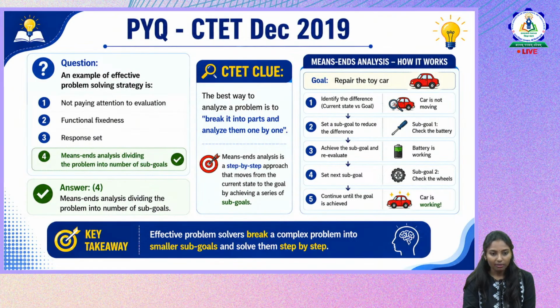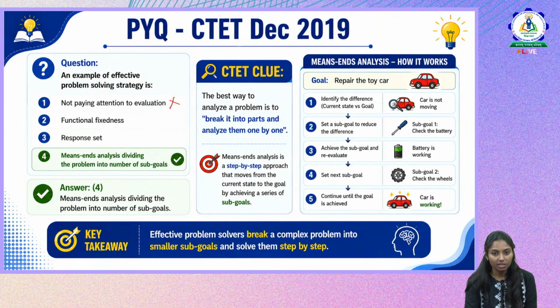Not paying attention to evaluation. This doesn't do justice to the problem solving strategy. So we can eliminate this option. Functional fixedness. Functional fixedness is nothing but you are stuck in between. You don't know how to solve a problem. It happens with everyone. We are stuck in between a phase where you have identified the problem and you don't know how to go to the solution.